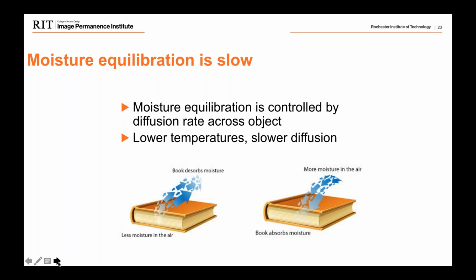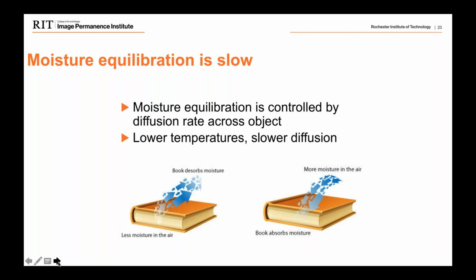And the process is just really more complex. There's a greater variation in the capacity of individual objects to control moisture equilibration. And additionally, at an object level, we often have major differences between the surface of an object and its core. And again, we're seeing those slower rates, so you have a greater potential for gradients throughout an object.